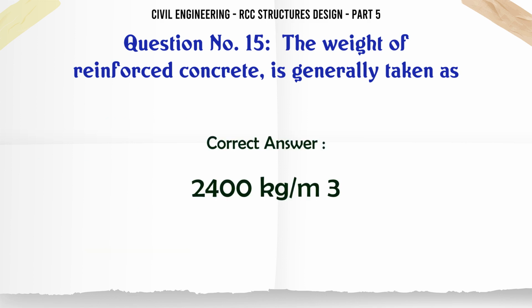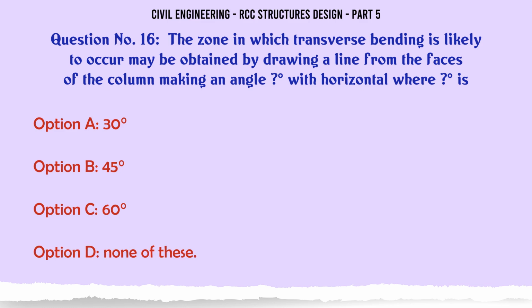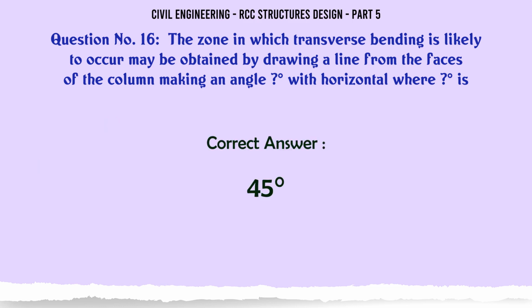The correct answer is 2,400 kg/m3. The zone in which transverse bending is likely to occur may be obtained by drawing a line from the faces of the column making an angle θ with horizontal, where θ is A 30, B 45, C 60, D none of these. The correct answer is 45.